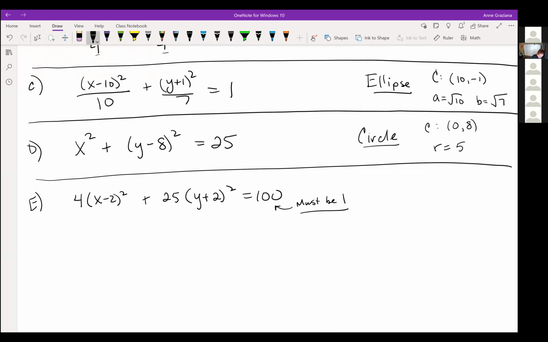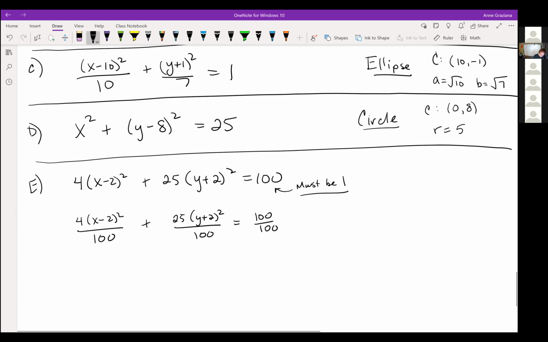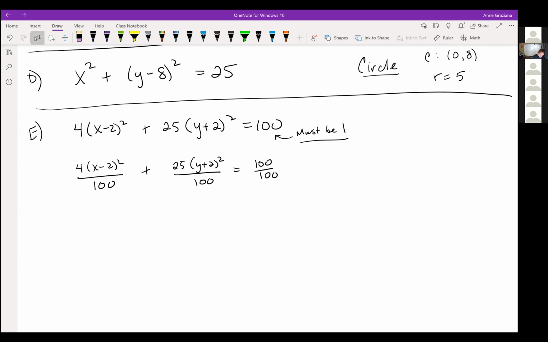So let's divide everything by 100. So 4 times (x minus 2) squared over 100 plus 25 times (y plus 2) squared over 100 is equal to 100 divided by 100, which is my 1. That's what I want. Okay. Someone put something in the chat. Let me look. Yeah. All right. So 4 over 100.